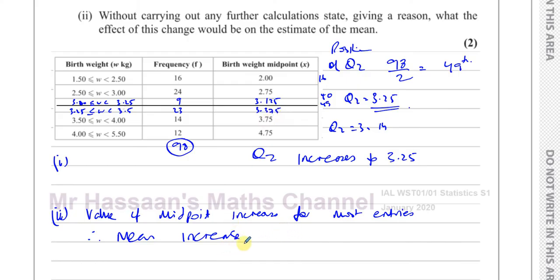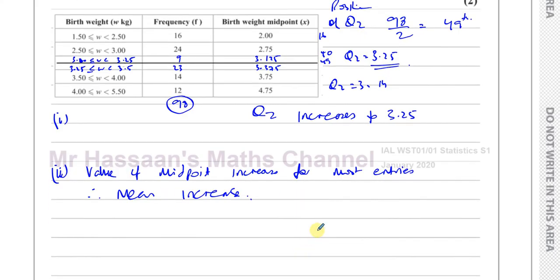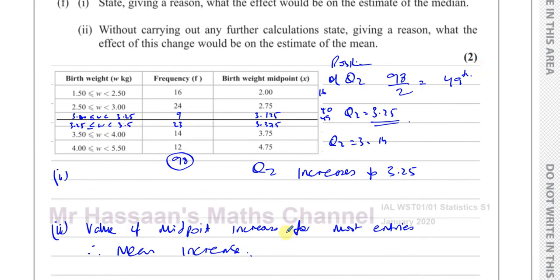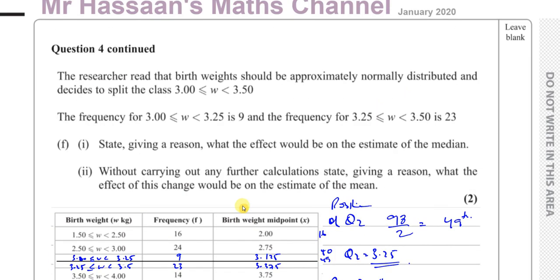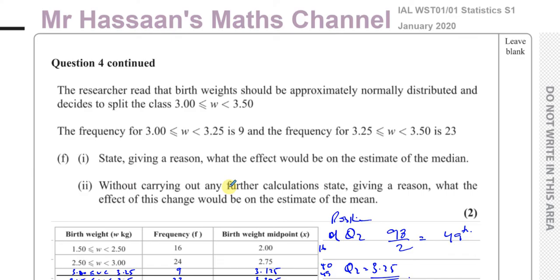Therefore the mean is going to increase. If you mention that the value of the midpoint increases for most of the entries in that group, therefore the mean will increase, that's enough. It's only worth basically 1 mark, so you don't want to go into too much detail. So that answers part F, and that concludes question number 4 from January 2020.